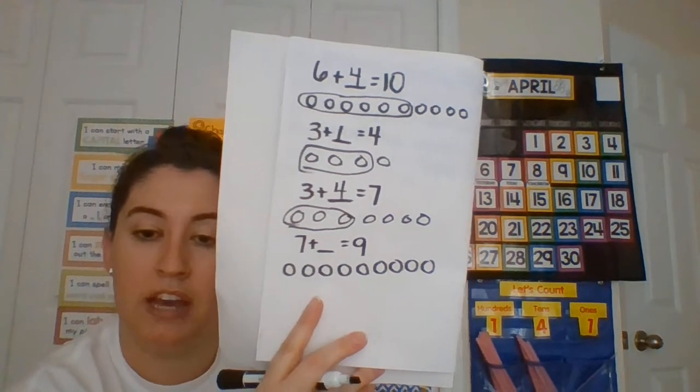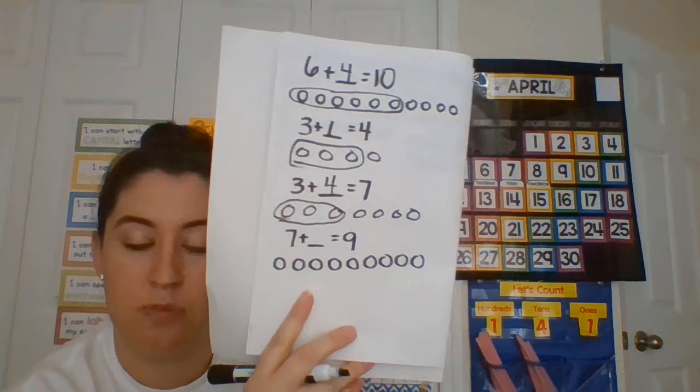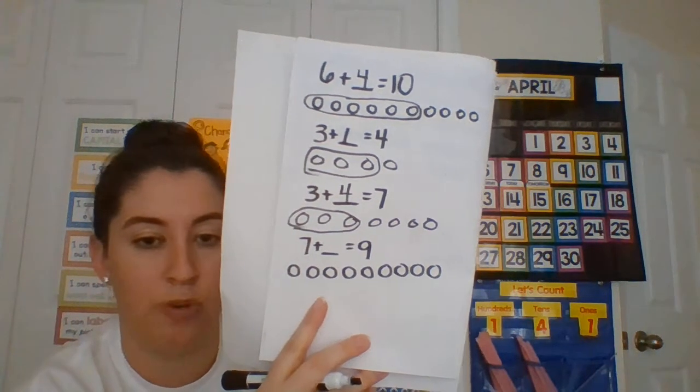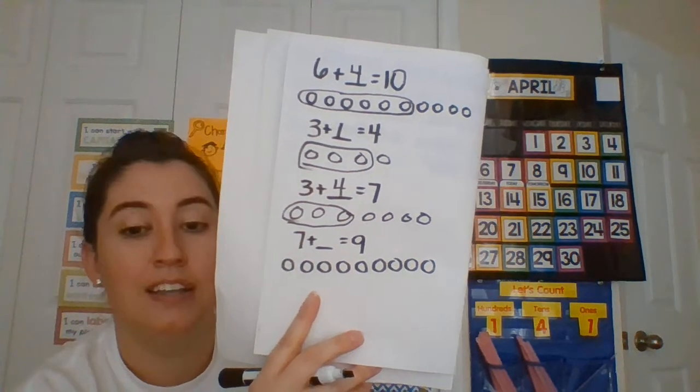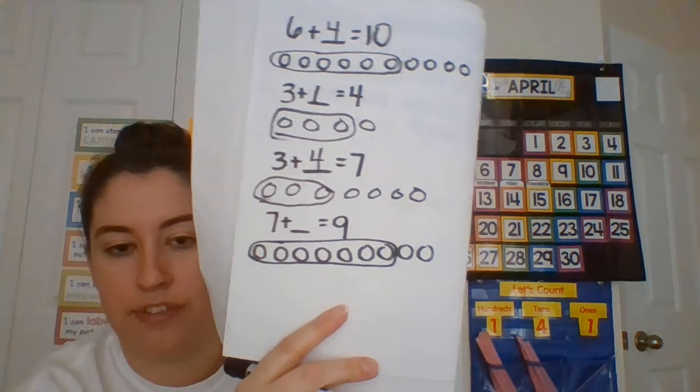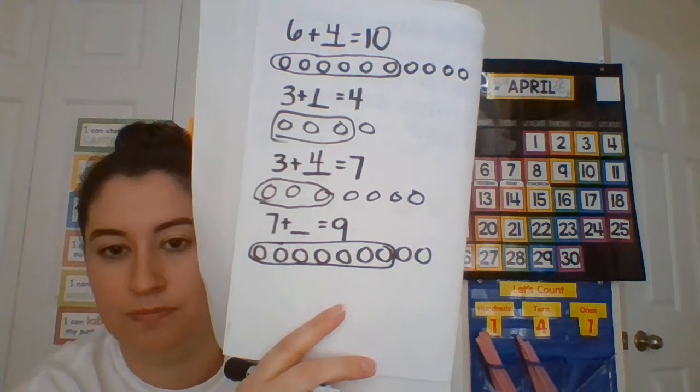You could have counted out 9 cubes and put that in front of you, and then you should make a group of 7. 1, 2, 3, 4, 5, 6, 7. How many do you have as your other group? 2. Fantastic. If you got it correct, you get a tooth.